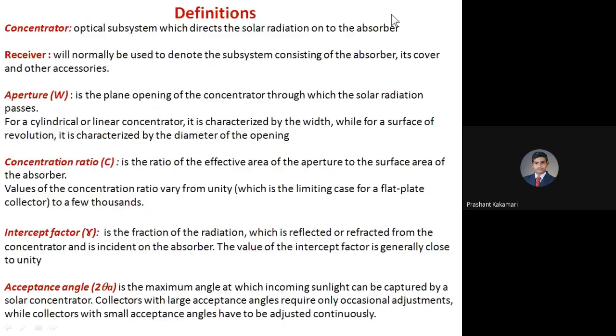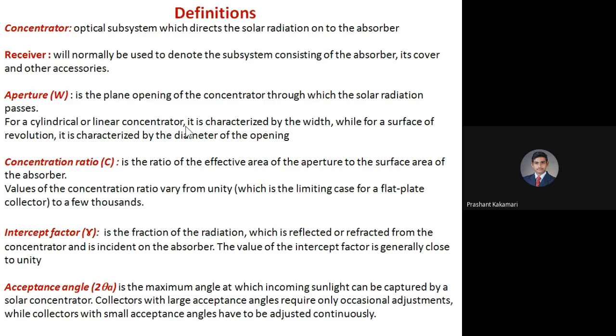Similarly, the plane opening is the area opening of the concentrator through which the solar radiation passes. That is called the aperture. The area obtained from this plane is nothing but the aperture area. A cylindrical or linear concentrator is characterized by width, while a surface of revolution is characterized by diameter.